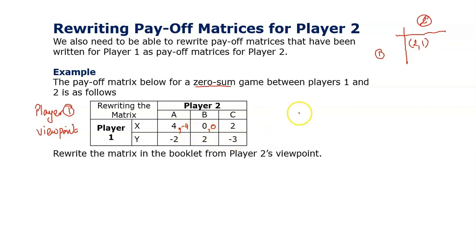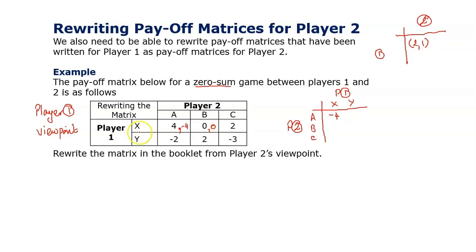Now, I can do this in 2 ways. I suppose the best way to do it will be to rewrite it from player 2's perspective. We put player 2 over here. And now I suppose I've got an A, a B, and a C coming down here. And across the top I've got X and Y for player 1. And I suppose all I need to do is just change all these numbers. So that 4 there becomes a minus 4. Got to be slightly careful. Obviously, it helps that it's different sizes, different dimensions in each direction.